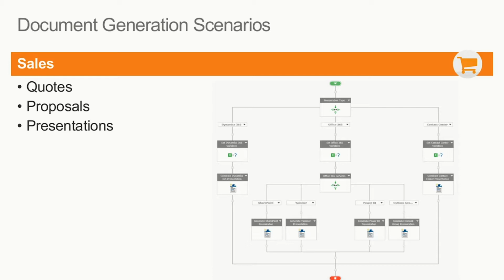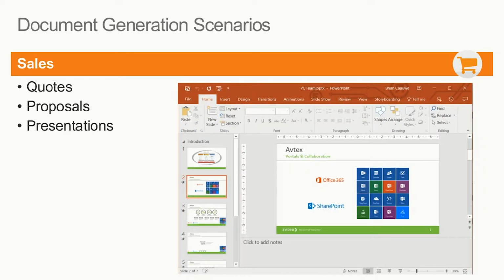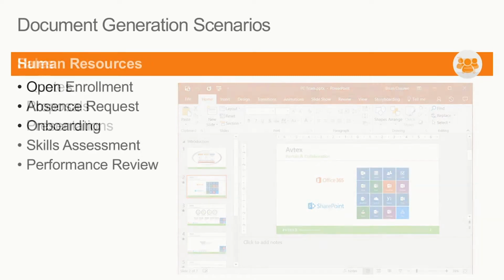Based on our business process decisions, we can actually generate that document for them, based on the various templates and other information we get throughout that process, to provide them an actual usable PowerPoint presentation as things go through.